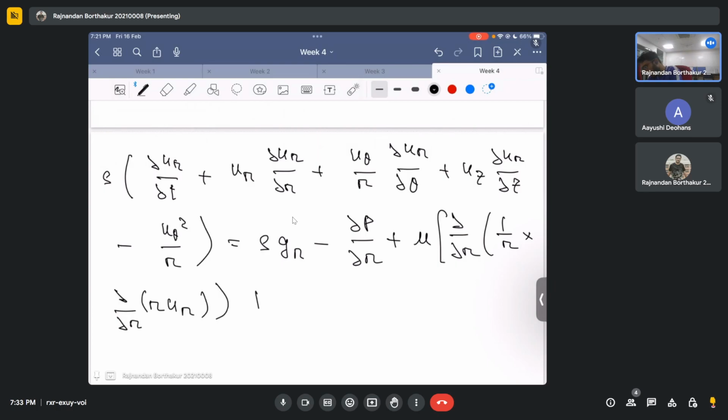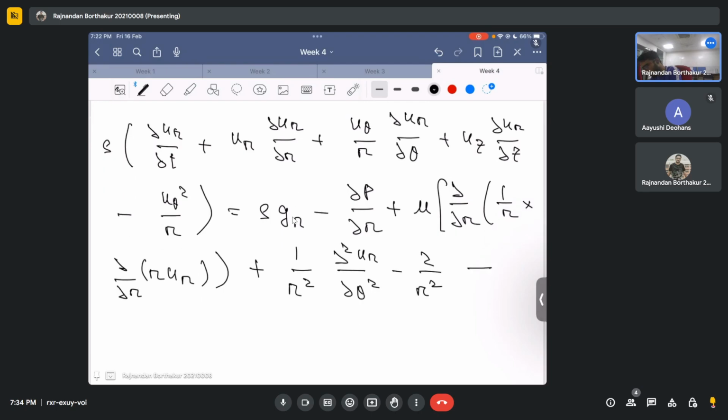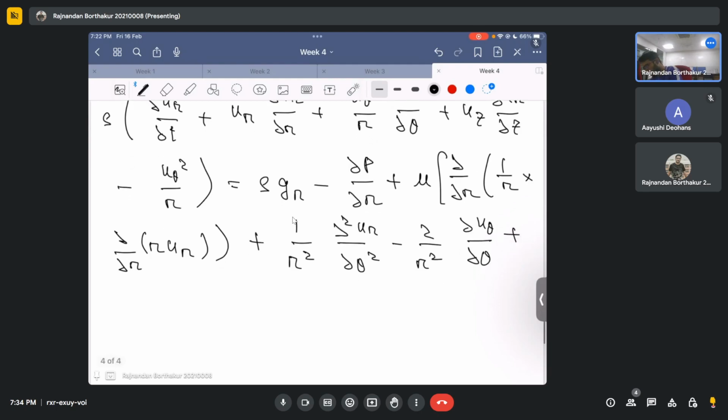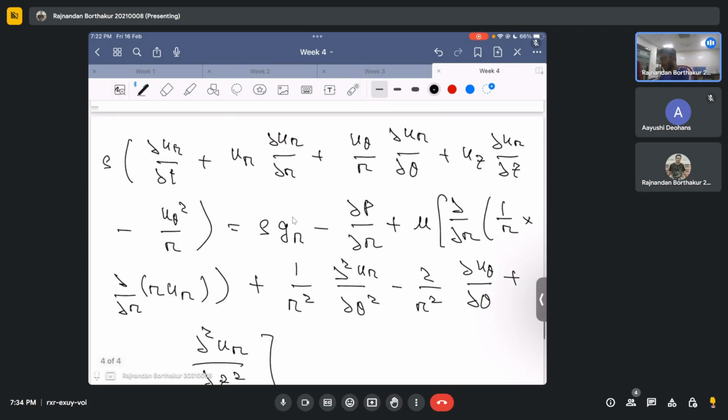Plus the next term is 1 upon r squared times del squared ur by del theta squared, minus 2 by r squared times del u theta by del theta, plus del squared ur by del z squared. So this is just the Navier-Stokes equation in the r direction.